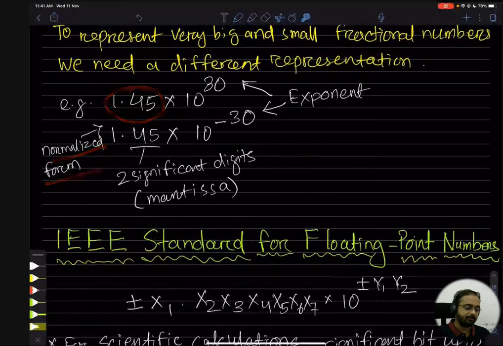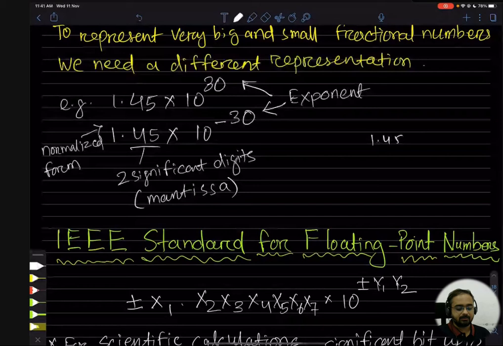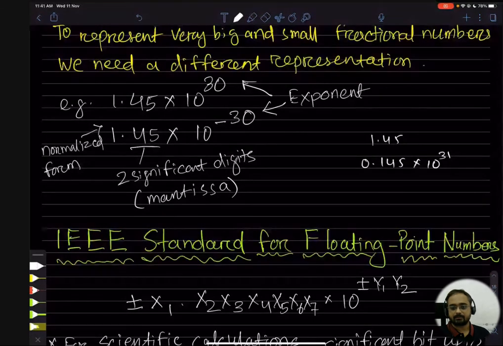What is this normalized form? We can write this 1.45 as 0.145 into 10 to the power 31, something like this. Someone else might write it as 0.00145 into 10 to the power 33.